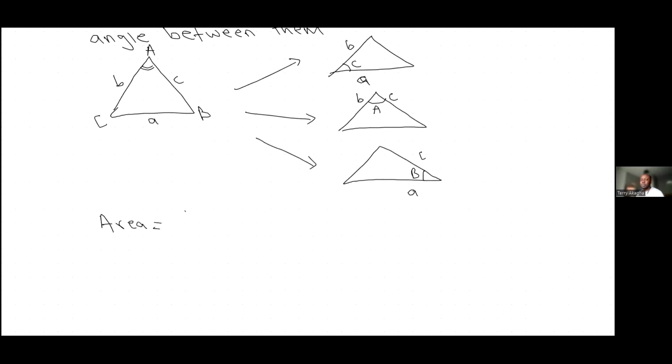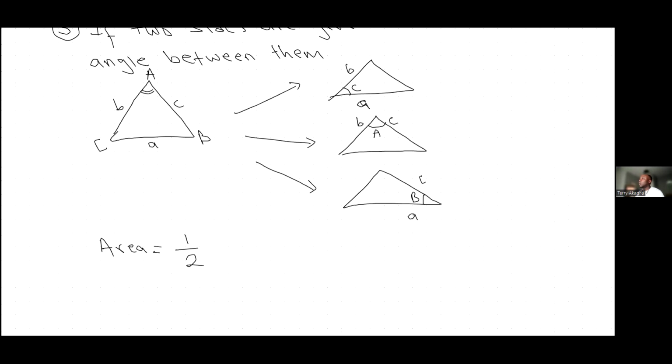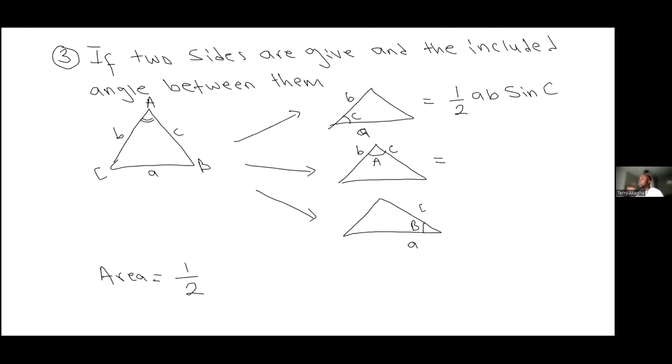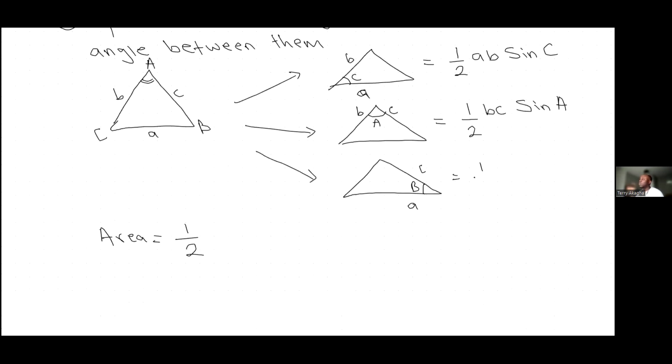For the first one, the area is going to be 1 over 2 AB, the two sides, sine the angle C. For this one, the area is going to be 1 over 2, the two sides, which is BC, sine the angle A. Then the area here is going to be equal to 1 over 2 AC sine the included angle B.